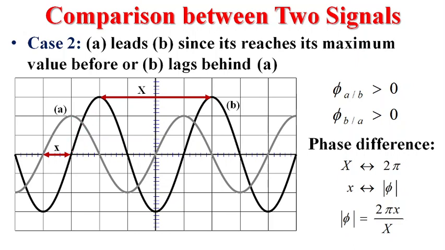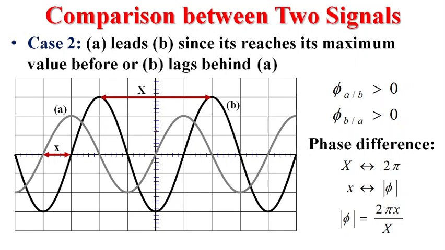The waveform A reaches its maximum value before B. In this case, A leads B or B lags behind A. Here A leads B since it reaches its maximum value before.